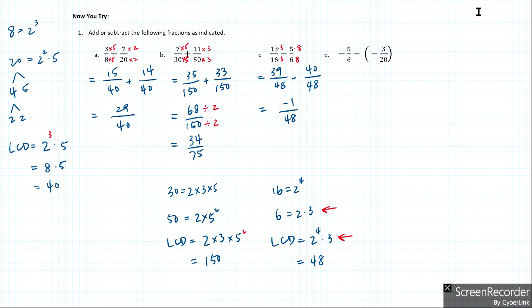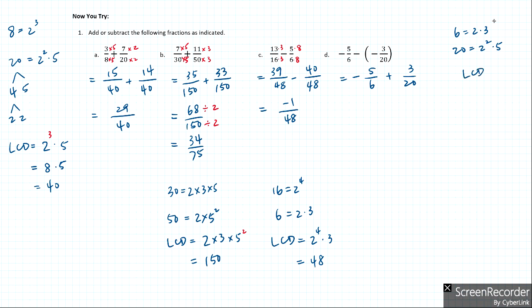Lastly, for part D, we have a minus negative scenario again, so we can go ahead and write the minus negative to be a plus positive 3 over 20. Then again, we want to look at the denominators being 6 and 20. So 6 is equal to 2 times 3, 20 equals 4 times 5, and we did it in the first part, which is 2 squared times 5.